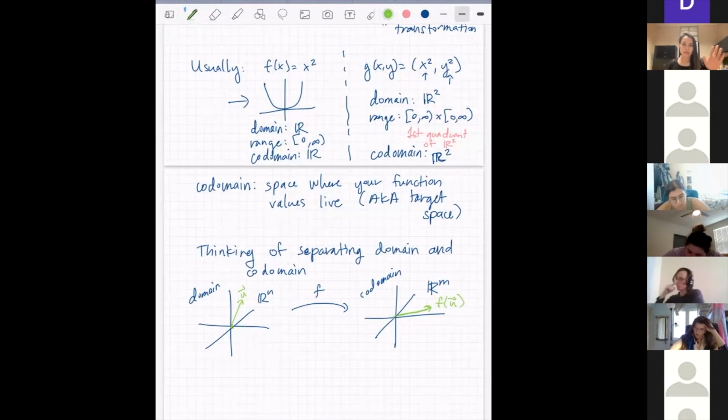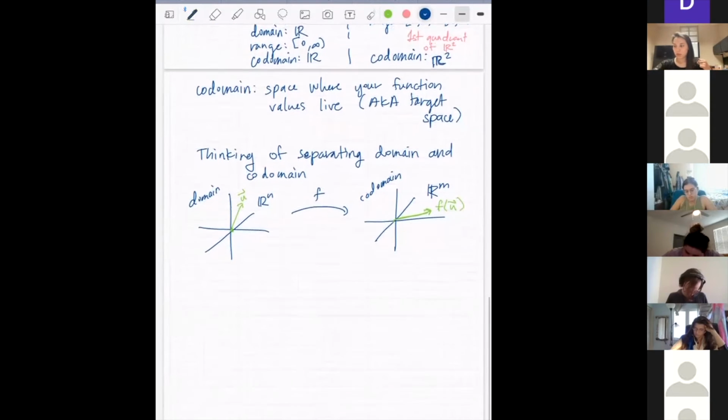So everything on the left-hand side gets mapped to something on the right-hand side. And remember, that's the definition of a function: every input has an output, a unique one.